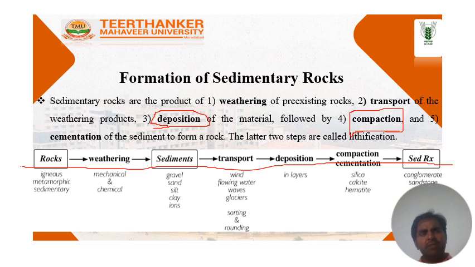And then after all the particles are cemented, you can say compacted, they form layer-wise a new product. That product is known as the sedimentary rocks. So by this process the sedimentary rocks are formed.